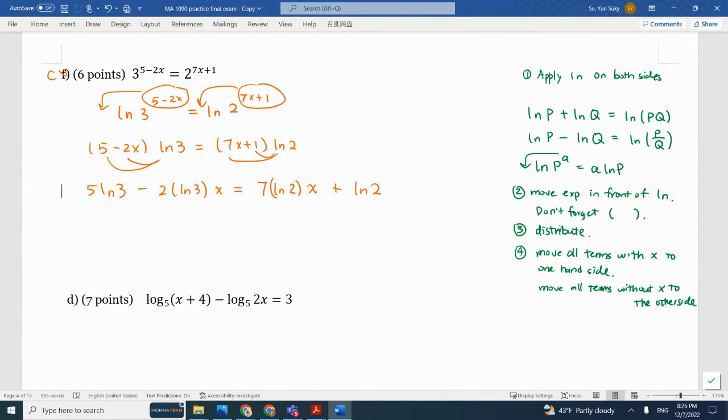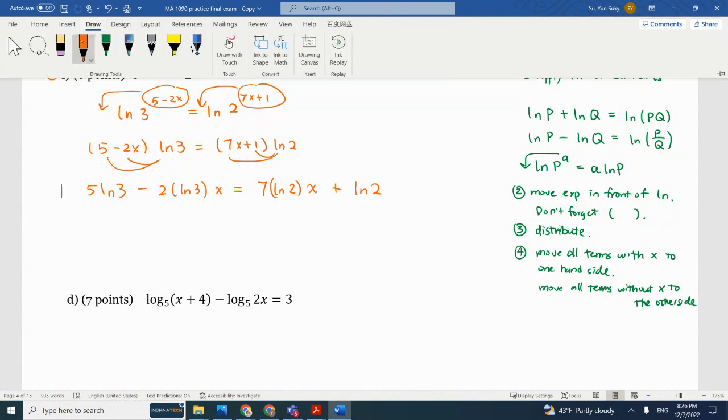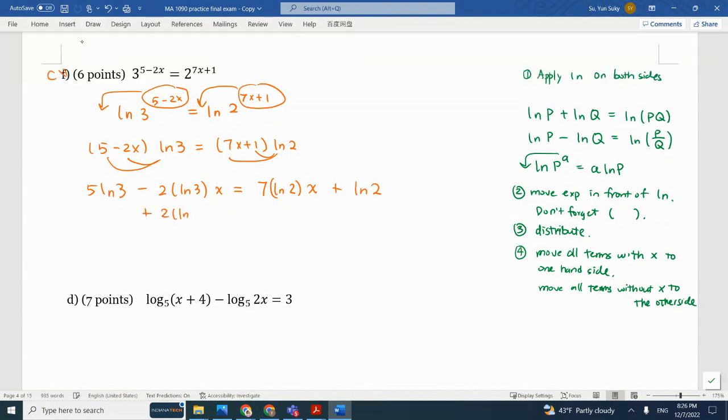If you want the coefficient of x to be positive, it's better to move this to the right. So that means we want to add 2 ln 3 x on both sides. So then on the right hand side we have 7 ln 2 x plus 2 ln 3 x. Okay, and if you want to move the ln of 2 to the other side, well, you want to subtract ln of 2.